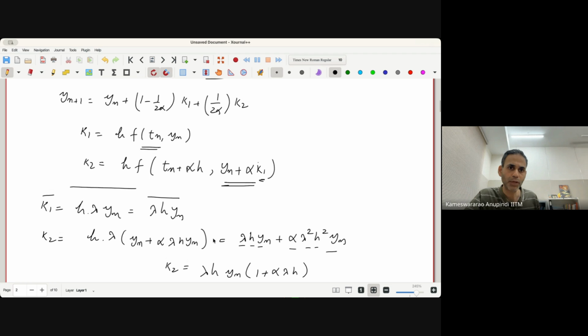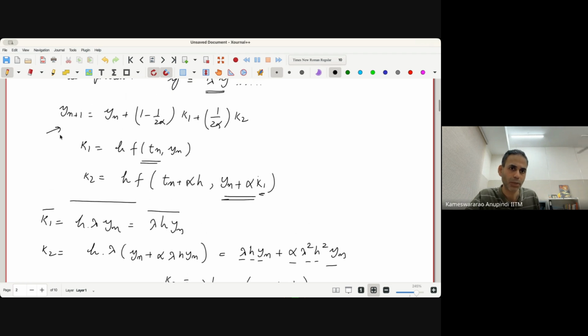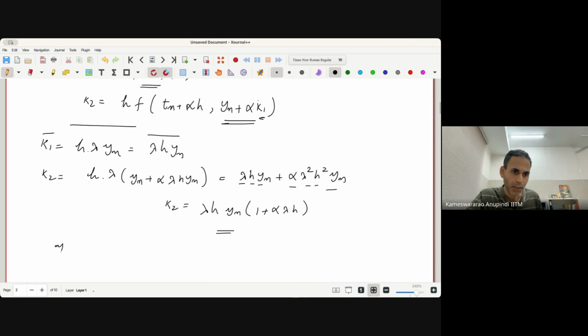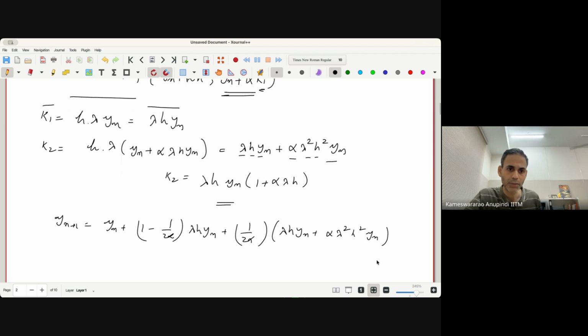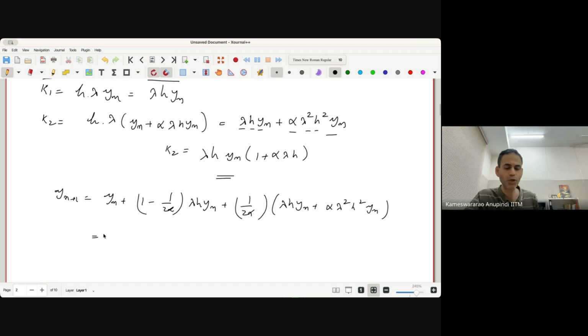So if I substitute for k1 and k2 back into the yn plus 1 equation, what I get is yn plus 1 equals yn plus 1 minus 1 by 2 alpha times k1, that is lambda h yn, plus 1 by 2 alpha times k2, which is lambda h yn plus alpha times lambda square h square yn. Okay, so let me try to simplify this. I'm applying the RK2 method to this model problem, which is y prime equals lambda y.